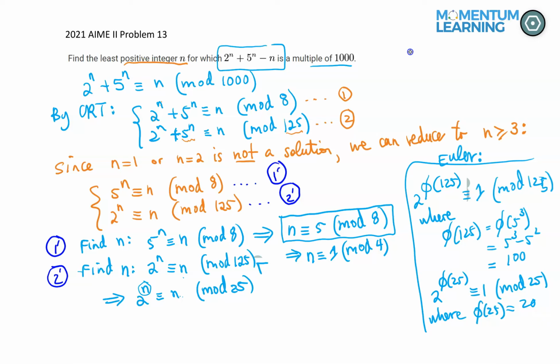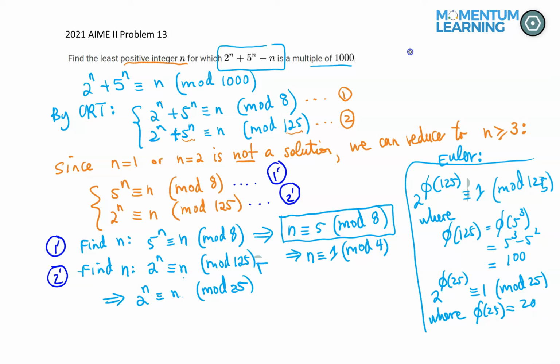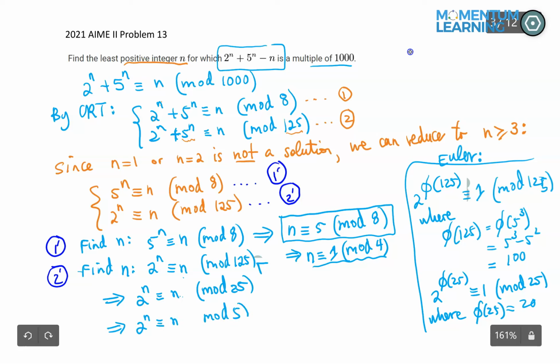Aha! So after all I need is the exponent modulo 20. But again, modulo 20 is just 4 times 5. I already know what it is modulo 4. All I need is modulo 5. But wait a second, modulo 5, I need n modulo 5, right? But this expression is still true modulo 5 as well.